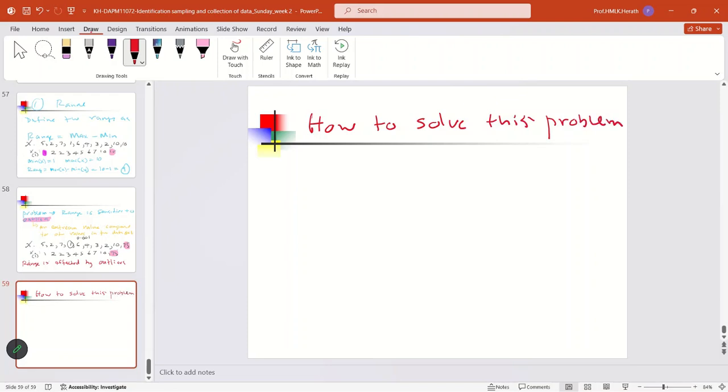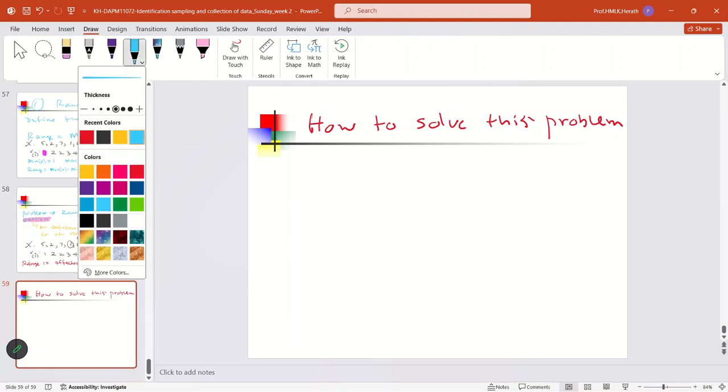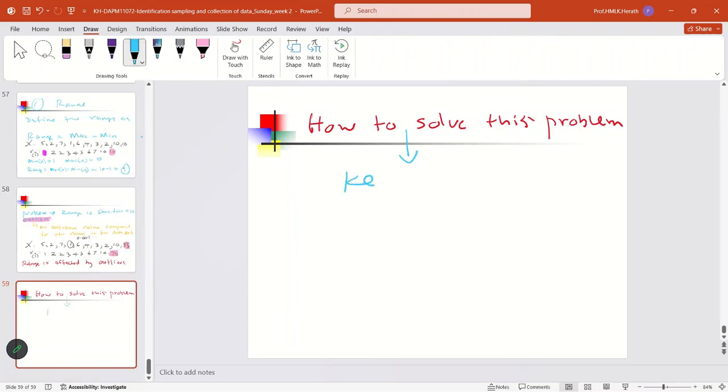So that is the key to other measures of dispersion, which we will be talking about in our next class.